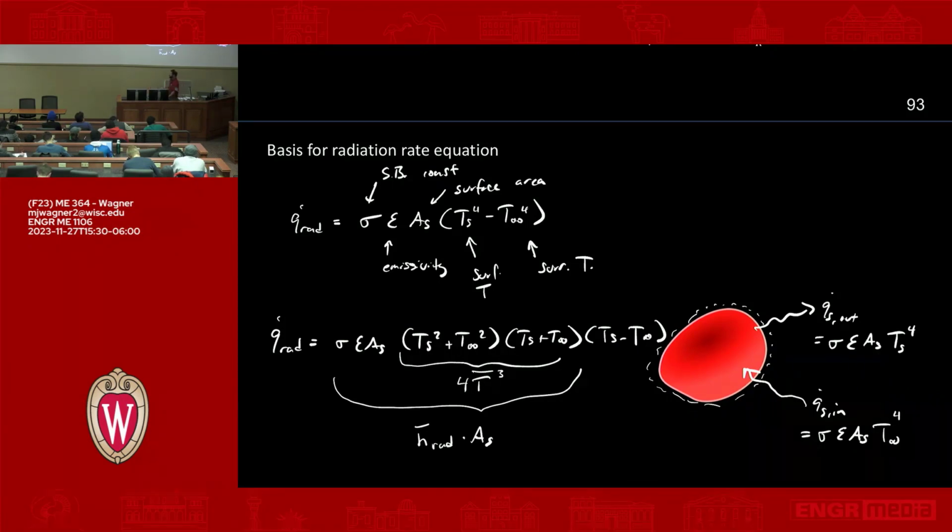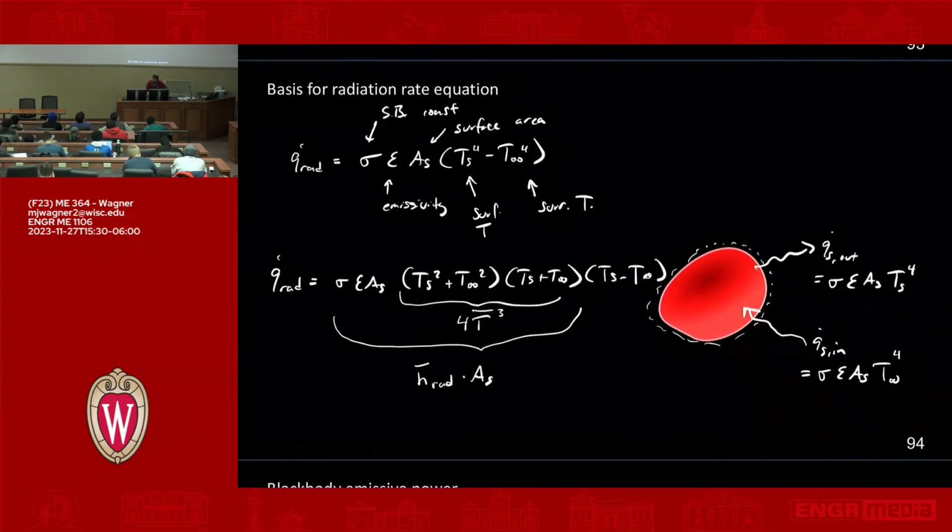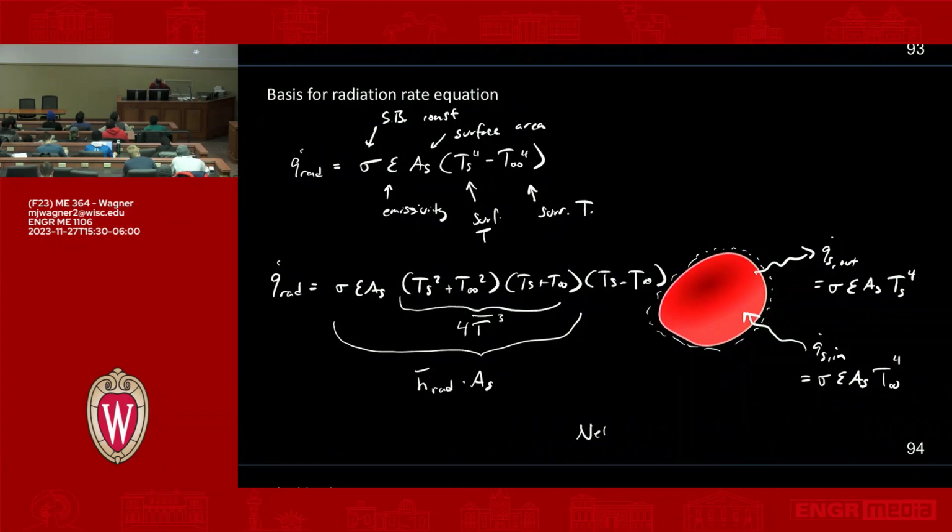The net exchange is just what's leaving minus what's returning. So that net would be something like this. It's just our rate equation: Q dot S is equal to sigma epsilon A_S times T_S to the fourth minus T infinity to the fourth. So this is kind of talking in a circle, right?